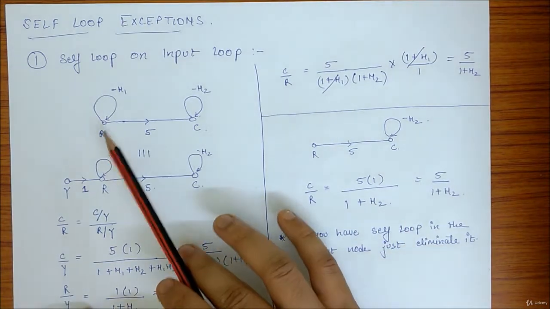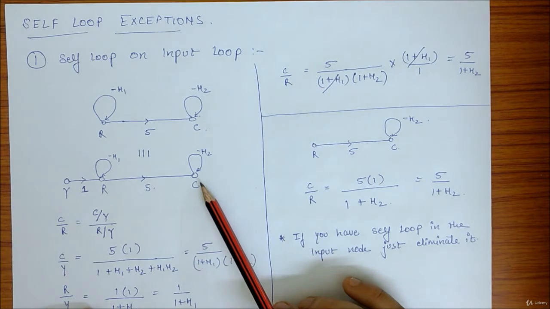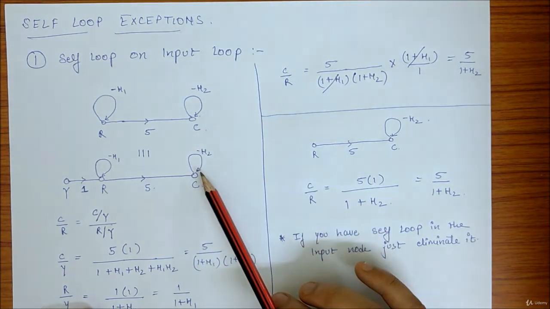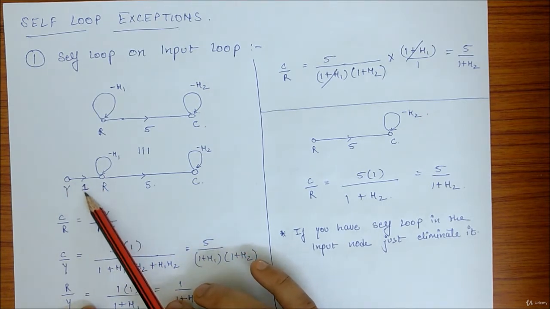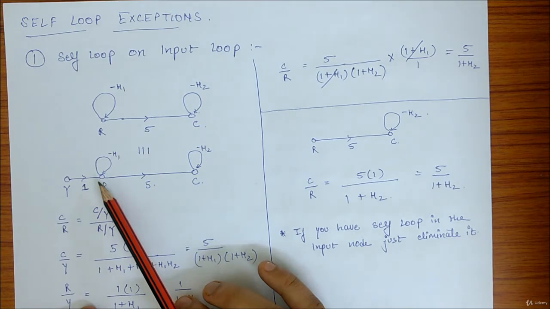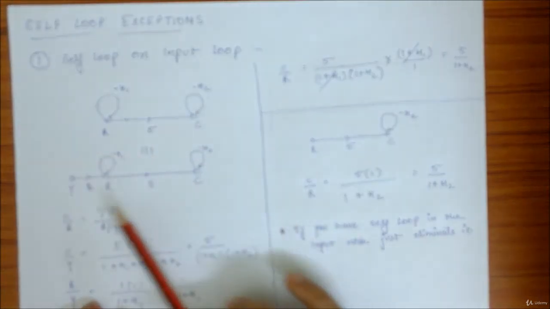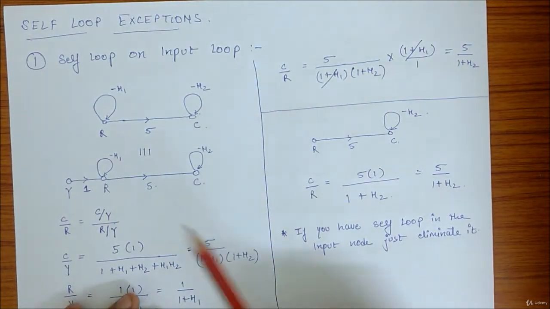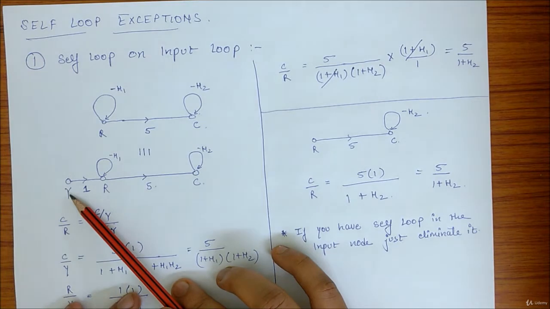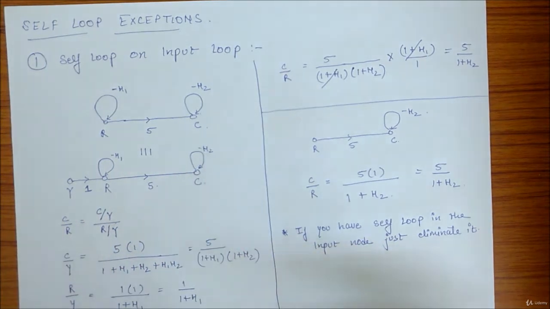Instead of doing this, we equivalently made another diagram, the same signal flow graph, but I defined a y variable with a path gain of 1 to the input r. Now this becomes a normal self loop question, because I am considering y as my input, and these two self loops are not in the input node.